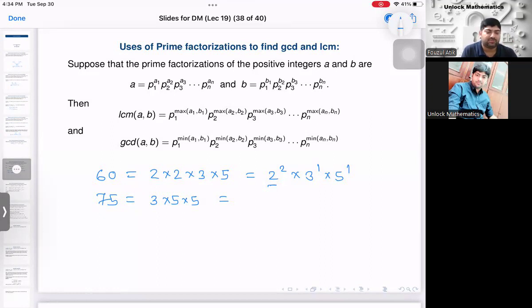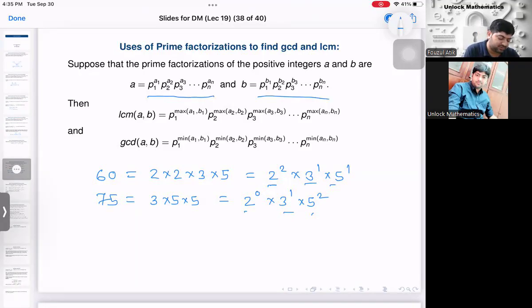But I can always write it as 2 to the power 0, because that is 1, and then 3 to the power 1 into 5 to the power 2. That's why we can always make the common primes by taking some prime to the power 0. That's the reason A and B have the same prime divisors. We can always make that.